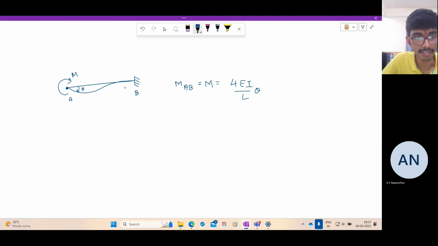So if I apply M, there's M here, but what is MBA? MBA is 2EI by L theta A from the slope deflection equations, plus 4EI by L theta B, which is 0, and some term comes from the support settlement, but that is not required right now. So MBA is equal to 2EI by L theta, which is M by 2.